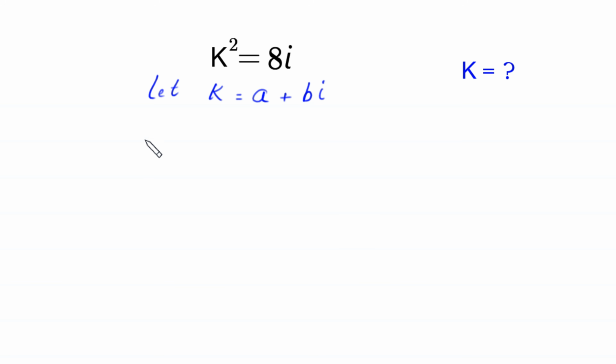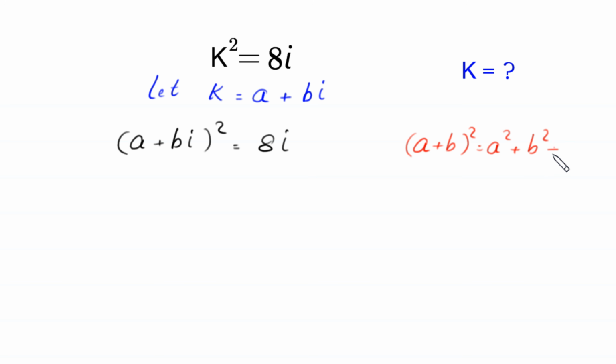Then this equation will become (a plus bi) whole squared is equal to 8i. Now by using this algebraic identity, (a plus b) whole squared is equal to a squared plus b squared plus 2ab, this (a plus bi) whole squared will become a squared plus (bi) whole squared plus 2 times a times bi is equal to 8i.